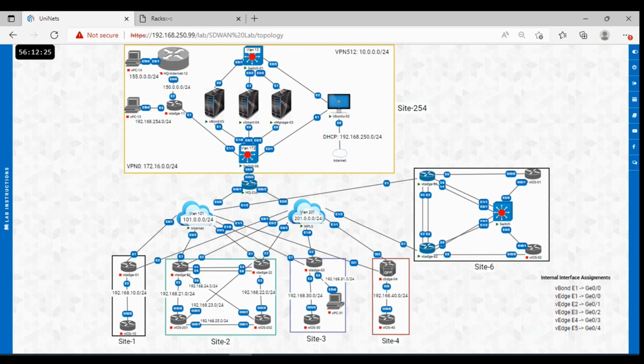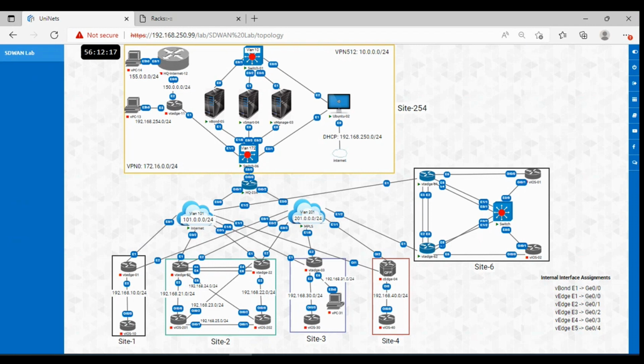So let's make a small topology diagram. It should be a part of your planning before deploying anything. So we have two routers. One is 61 and one is 62.